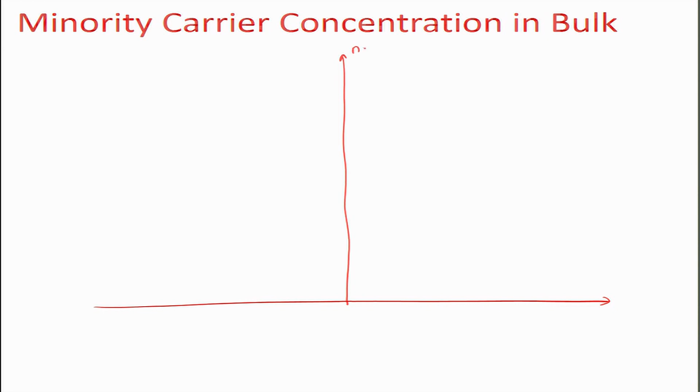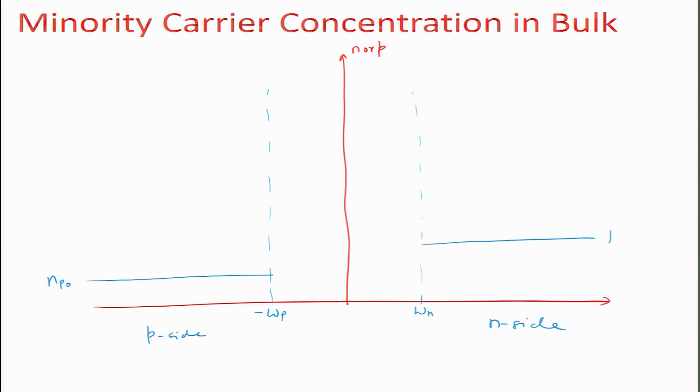So this is N or P. If this is the edge of one depletion region, that is Wn, and the other edge of the depletion region is minus Wp, then if your bias is equal to 0, this is Np naught if this is the P side. If this is the N side, then my Pn naught is somewhere here, they won't be equal.